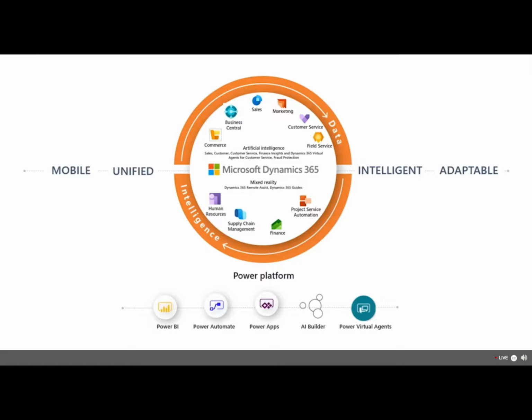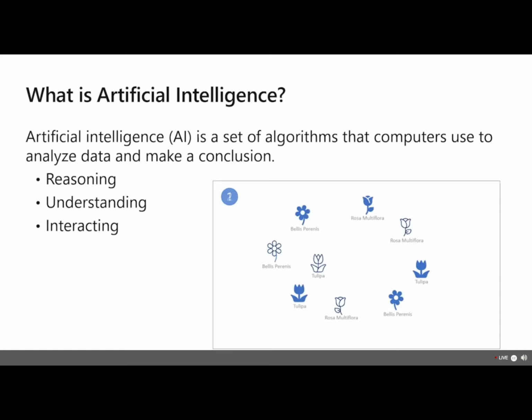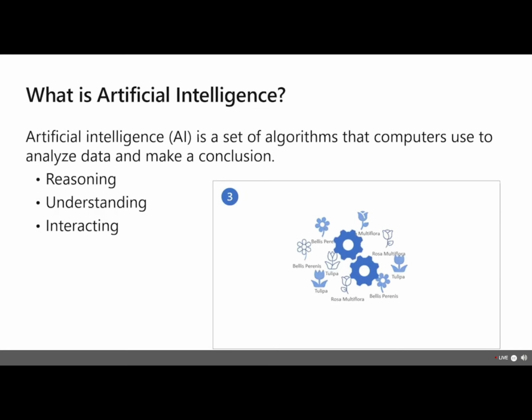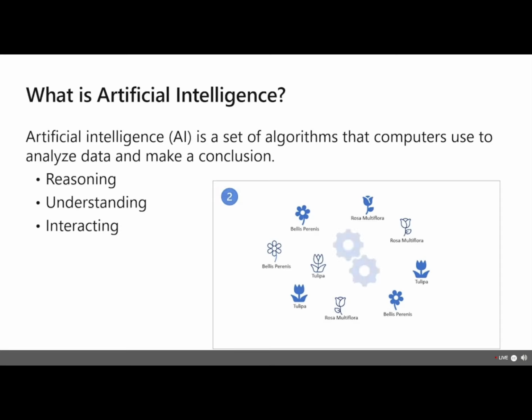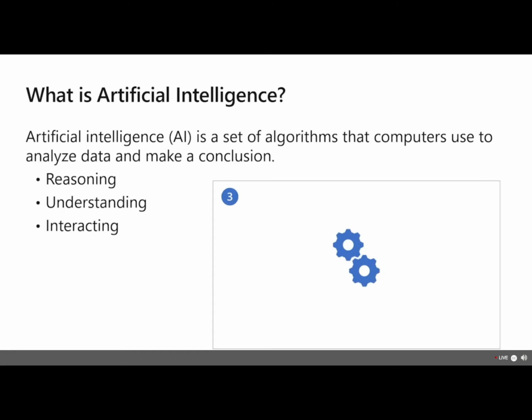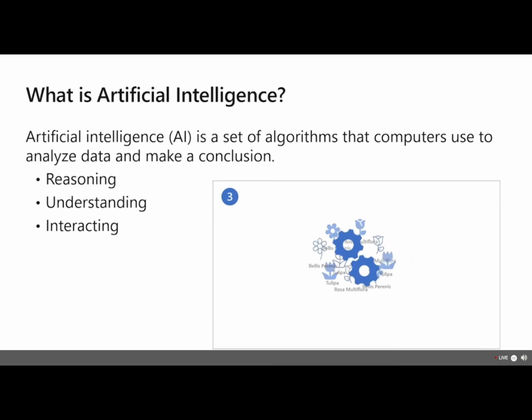Moving into what artificial intelligence is and how it can support, well, artificial intelligence, really what this is, is a set of algorithms that computers use to analyze data to make some type of conclusion. And it's usually done through reasoning, understanding, or interacting. So let's say, for example, there's an environmental conservation organization that's looking for volunteers to help identify and catalog different species of wildflowers, and they're using their phone app.